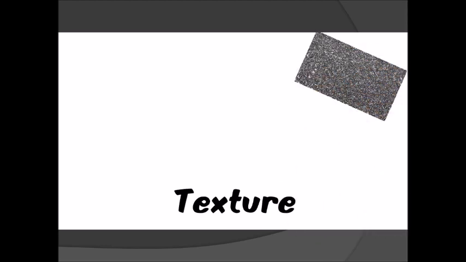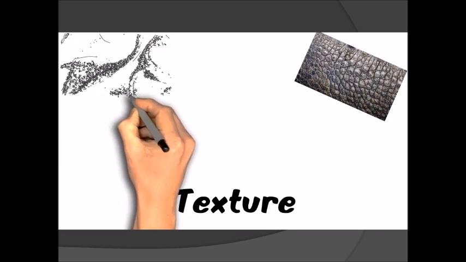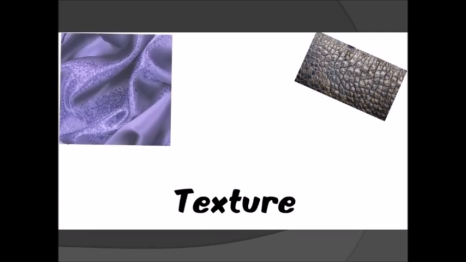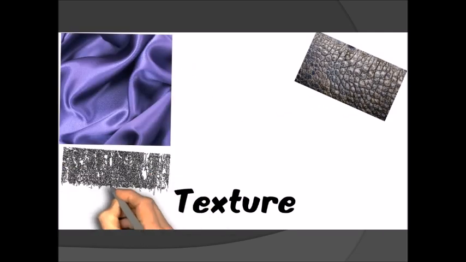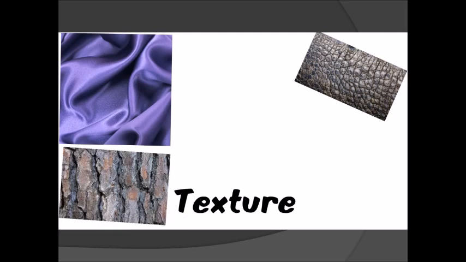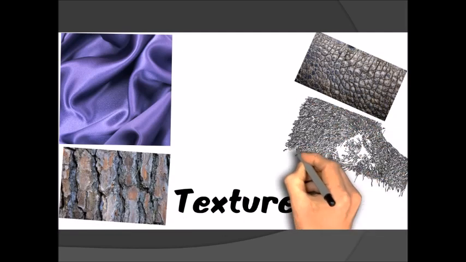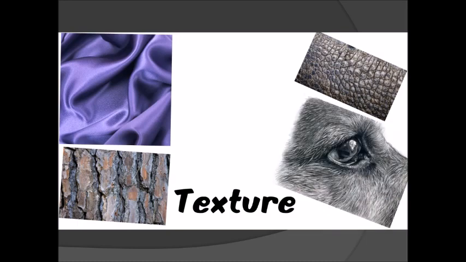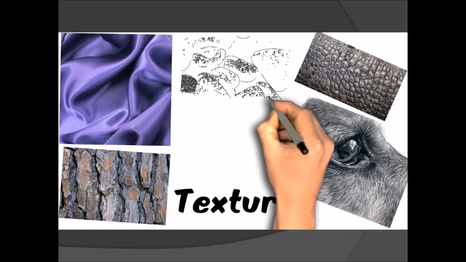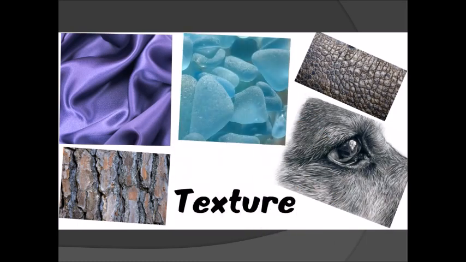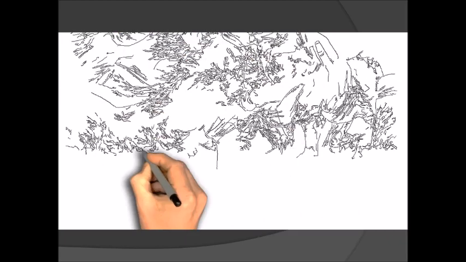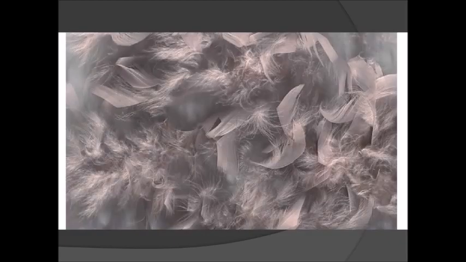Here are some various textures. You can't touch these here on the screen, but you can look at them and really know how they would feel if you could touch them. Ooh. Look at this fluffy softness.